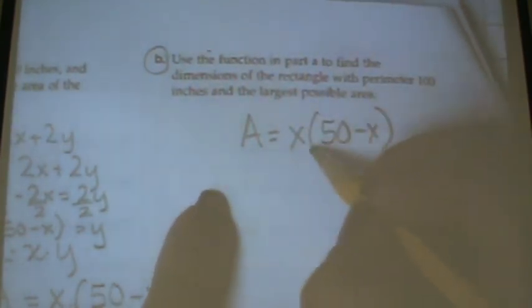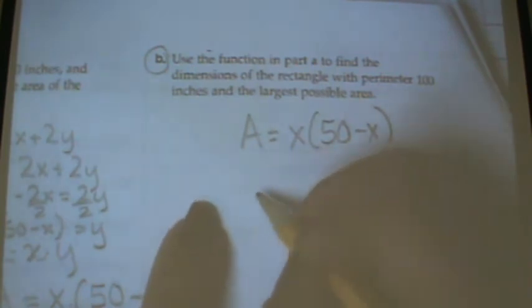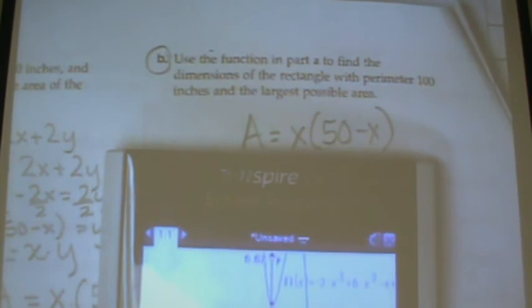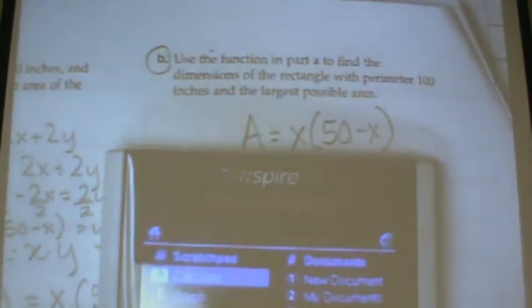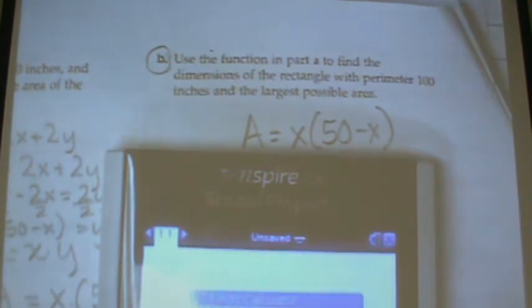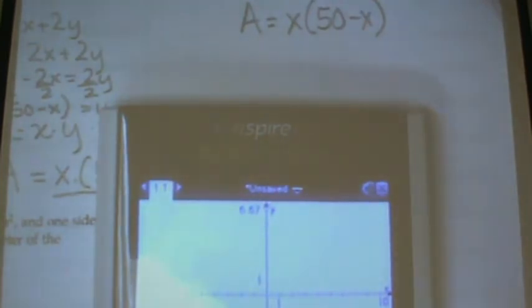So if you graph this function, go to your calculator and you're going to type in x times 50 minus x.